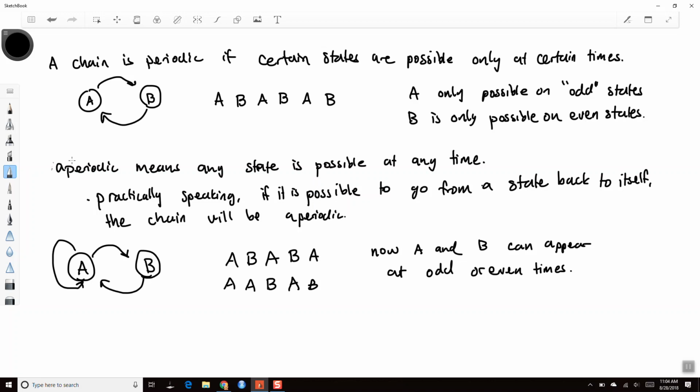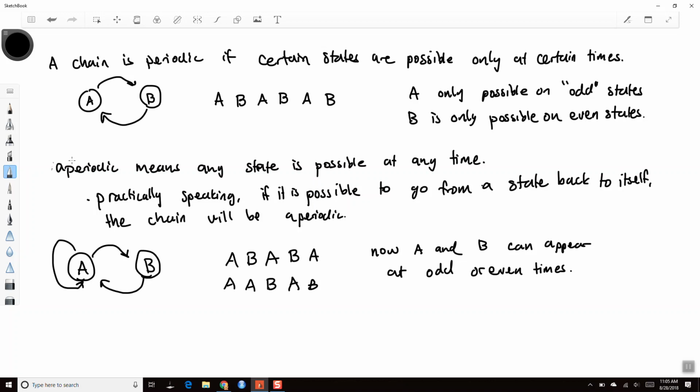Yeah, but that's okay. If we had a different chain, B could show up at time 15, or in another chain B could show up at time 16. It doesn't have to be that B shows up at time 15 and at time 16 during the same chain.